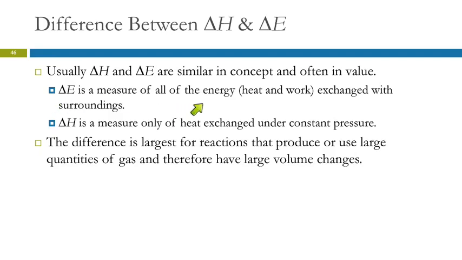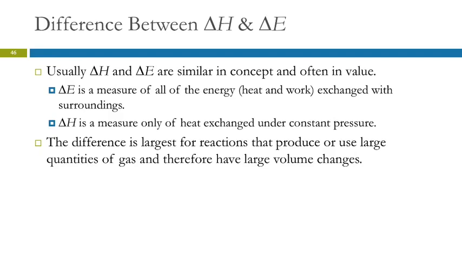That measures all the energy that's exchanged with the surroundings, the heat and the work. Delta H, the change in enthalpy, measures only the heat exchanged under constant pressure. Constant pressure is very easy to achieve. You just have it open to the atmosphere, and the pressure is always roughly 1 atmosphere. So many times these numbers are very close to the same number.